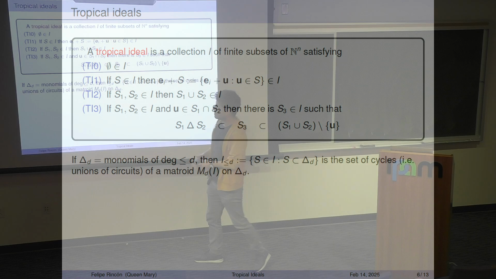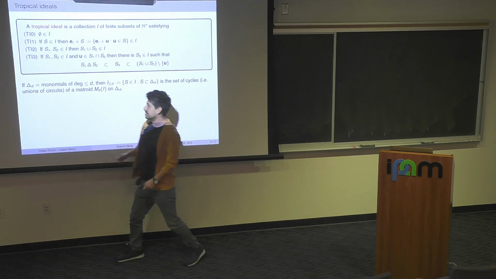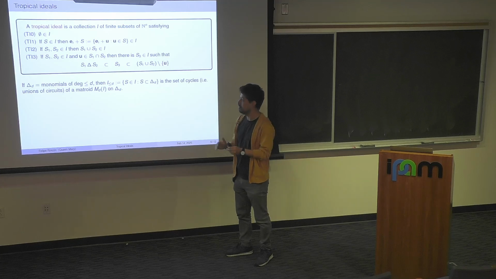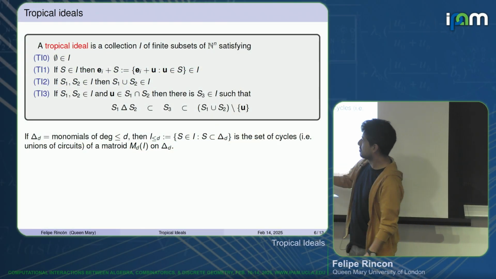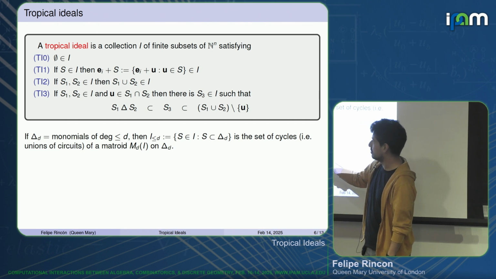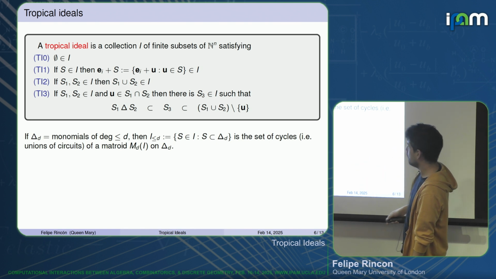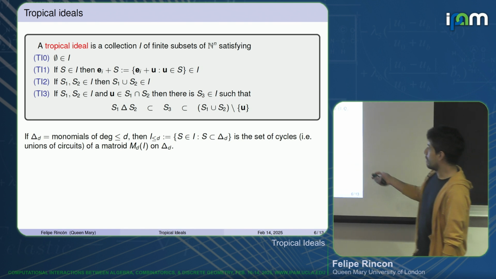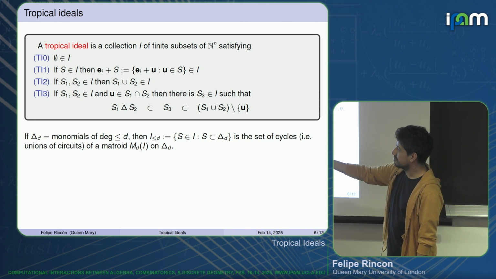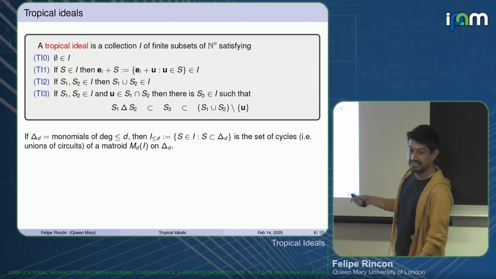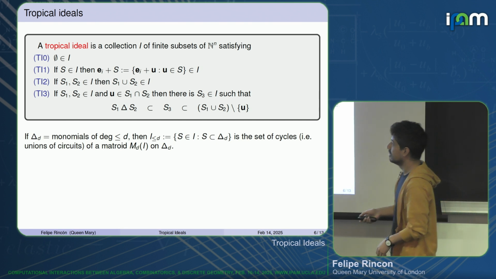If you think about it, what we're saying is, let's denote by Delta D the set of monomials of degree at most D. So truncate your infinite lattice by some degree, and consider the truncation of your collection to only subsets that involve monomials of degree at most D. Then it turns out that TI0, TI2, and TI3 are exactly saying that that collection of subsets is a matroid on that ground set.